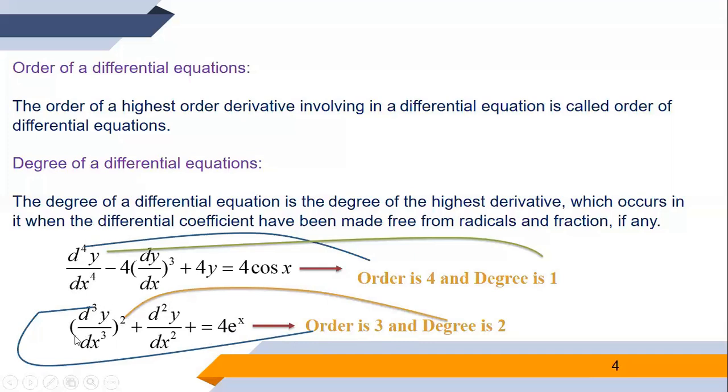And the power of the highest order derivative, that means the degree, is 2. So 2 is the degree of the equation. Again, I repeat, the order is the order of the highest order derivative, and the power of the highest order derivative is said to be the degree of a differential equation.